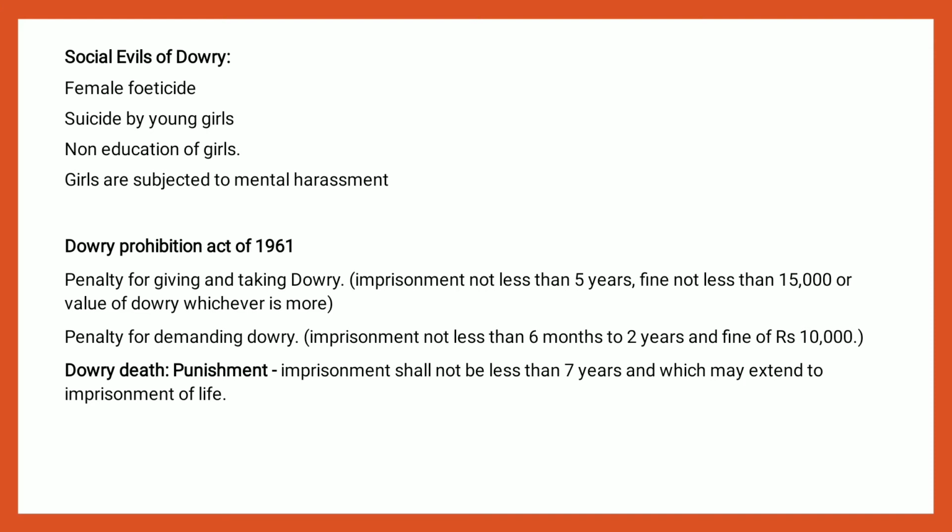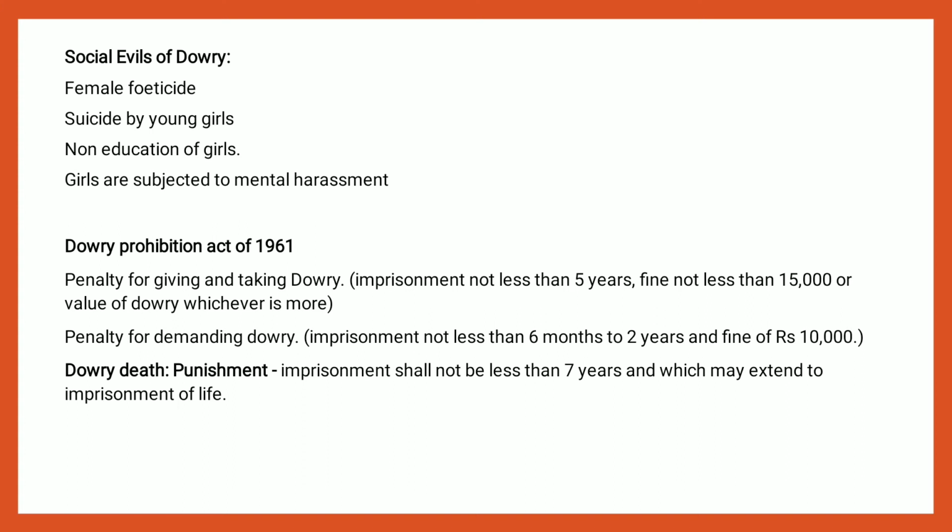Any person who gives or takes or abets the giving or taking of dowry shall be punished with imprisonment not less than 5 years and with fine not less than 15,000 rupees or the value of the dowry, whichever is more.